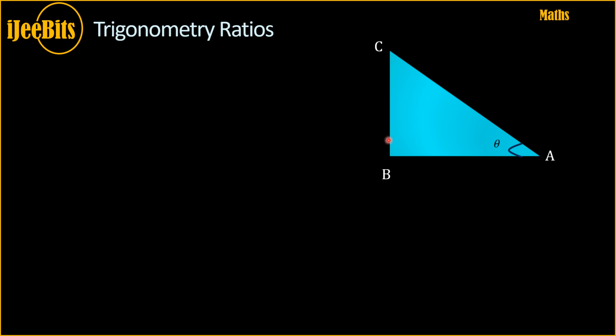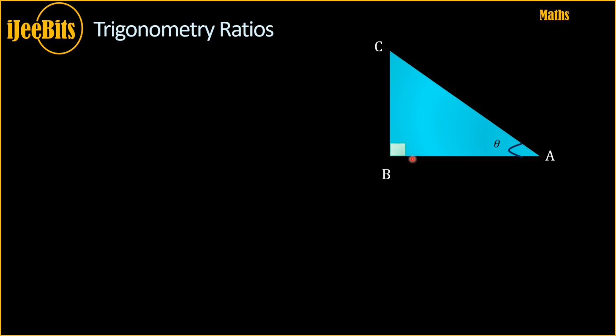This is called the opposite side, and AB as a reference horizontal line is also known as the base line or adjacent line.